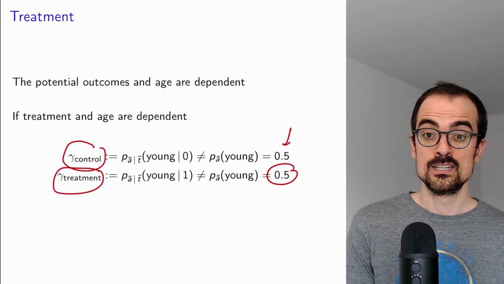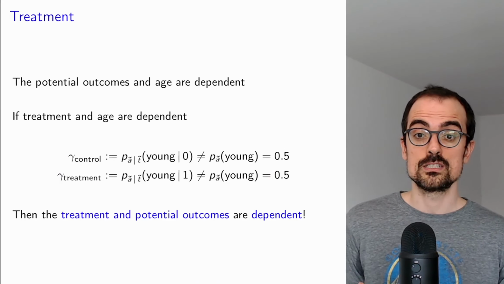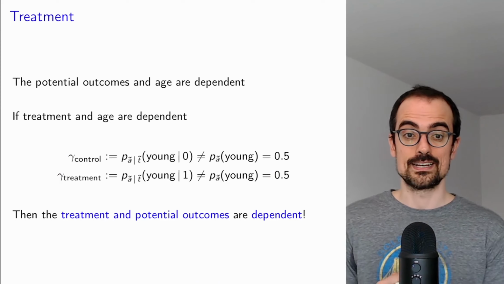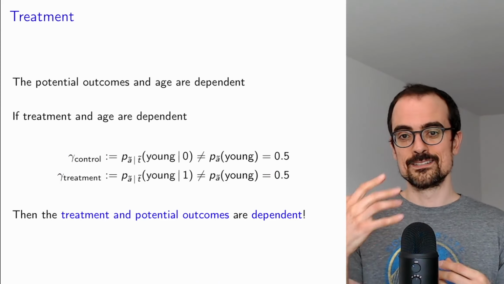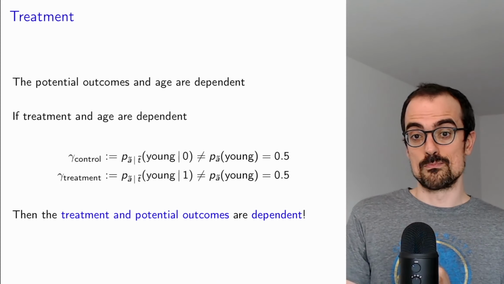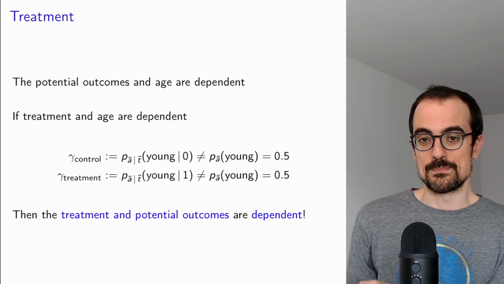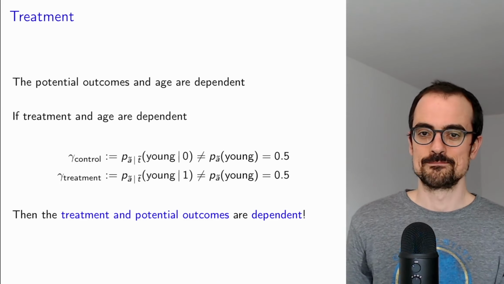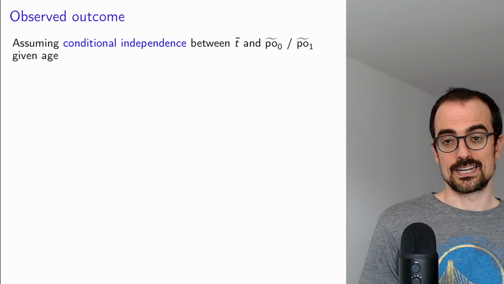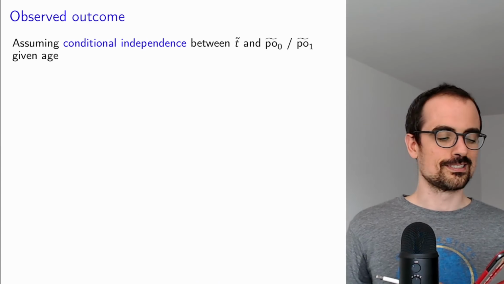If this happens, then that is going to induce a dependence between the treatment and the potential outcomes, which is problematic because, for example, if there are more young people in the treatment group, we're going to think that the medicine is more effective than it really is. And this is exactly what we're going to see, by the way, spoiler alert.